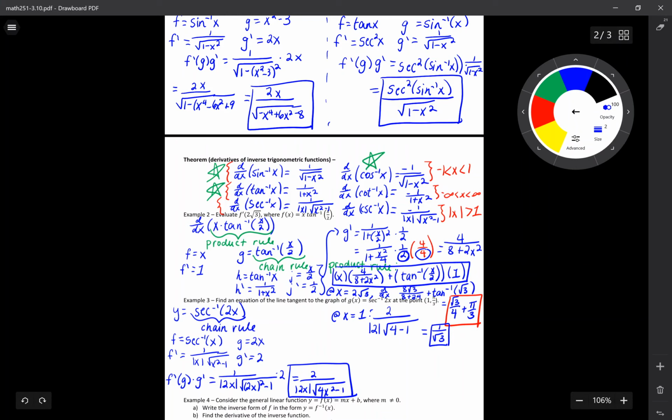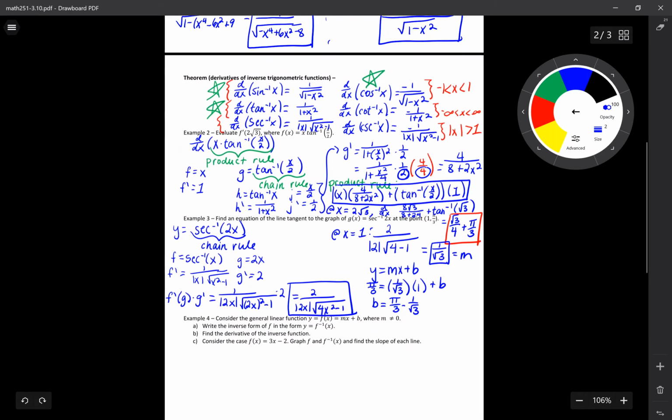So this is my slope, or my m value. Then to solve for the tangent line, I plug into y equals mx plus b. My y value here is pi over 3, my slope I just found to be 1 over square root of 3, and my x value is 1. So I get that b is equal to pi over 3 minus 1 over square root of 3.